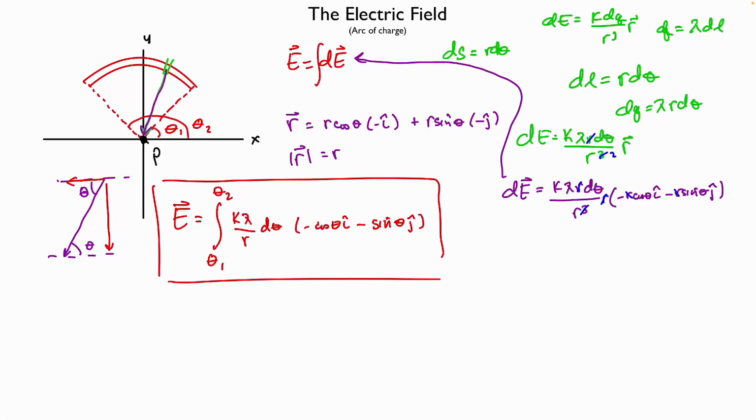So that being the case, knowing that we have this equation, and it's the general solution, or at least the general setup of an arc of charge. Let me add a page here. We'll do that one, and then paste it.